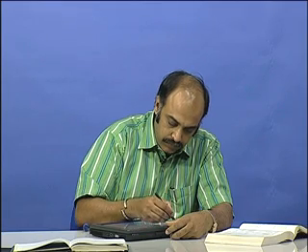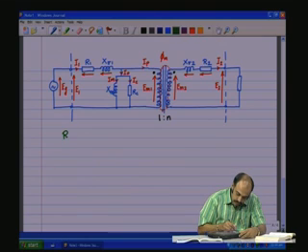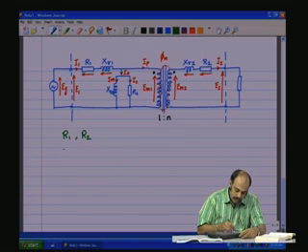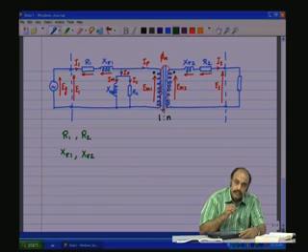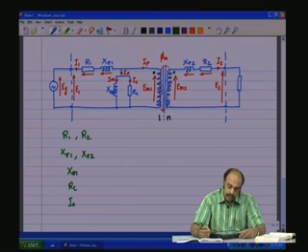Now, to give you an idea, let us say this equivalent circuit has the following parameters: R1, R2, these are the winding resistances of the coils, and we have X sigma 1, X sigma 2, the leakage reactances, Xm, the magnetizing reactance, Rc, the core loss resistance, and I naught, which is the no load current drawn from the primary source.